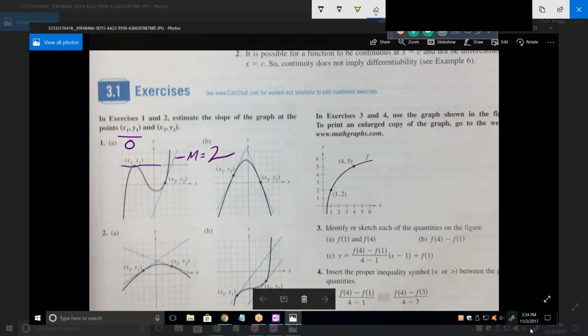Okay, looking at B. Oh wait, hold on. For 1A, we're finding the slope of the curvy line, right? Not just the horizontal. Yes, but hold on. They're the same thing. In other words, when you say the slope of the curvy line, you mean what is the slope of the tangent line at that point? Well, the tangent line is that horizontal line.